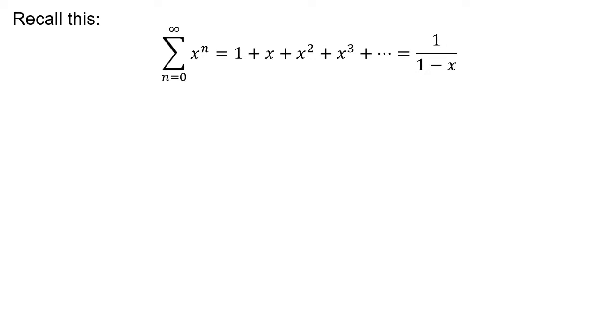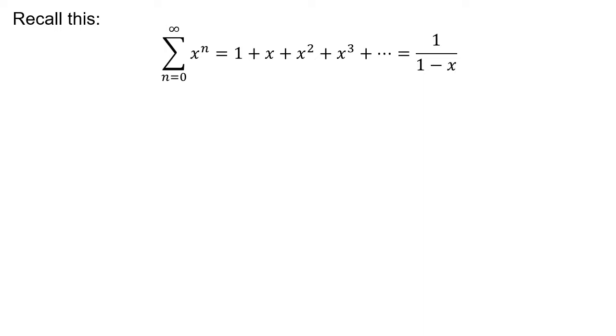So you might remember this little idea that the summation starting at n equals 0 to infinity of x to the n was the same thing as the polynomial 1 plus x plus x squared plus x cubed, that series that we talked about maybe a section or two ago.